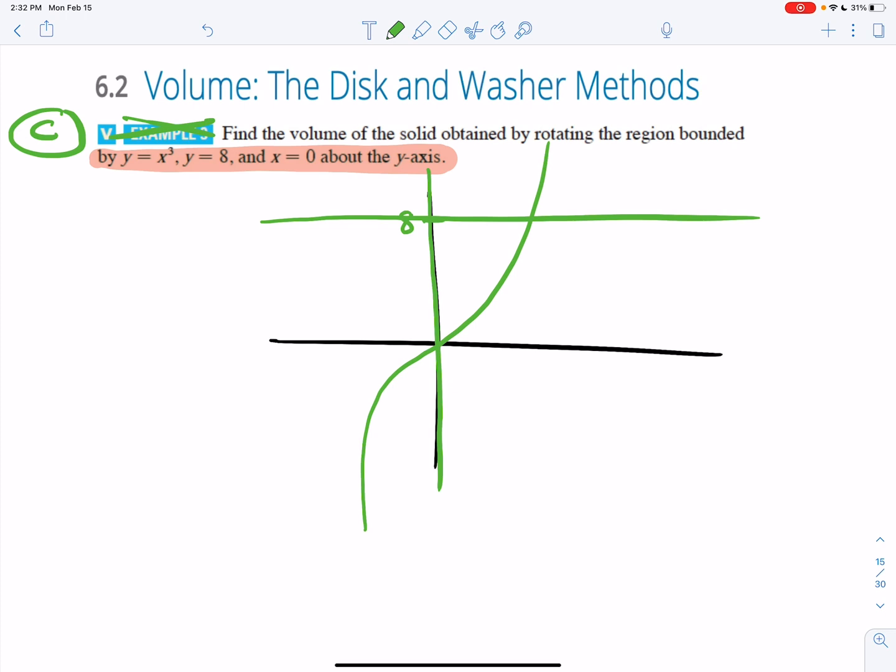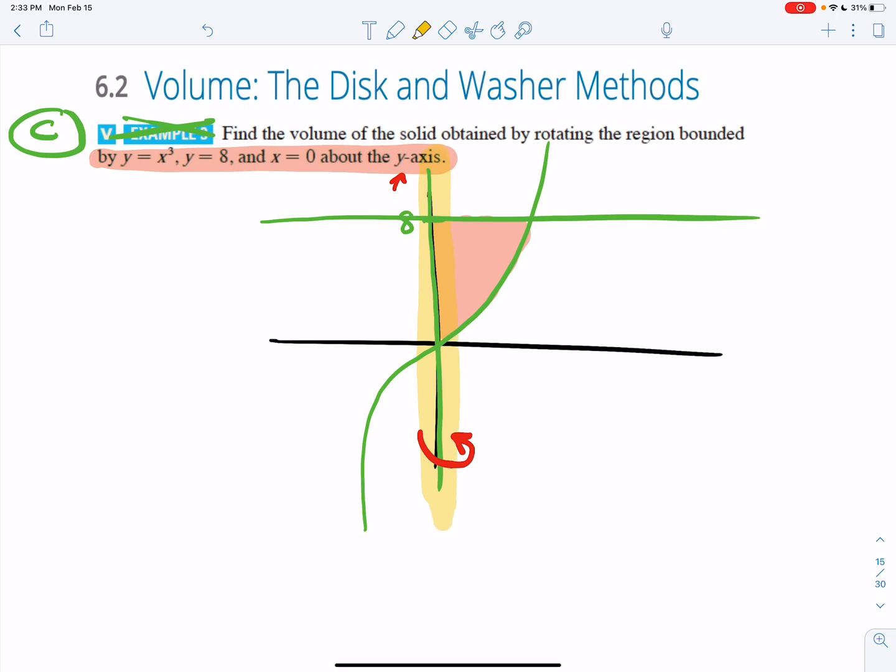So I noticed that there's a shaded region right here. All right. What else do we include? Where are we revolving or rotating this? We're rotating this about the y-axis this time. So we actually have a vertical axis of revolution.